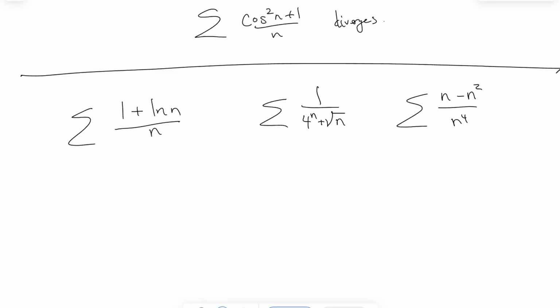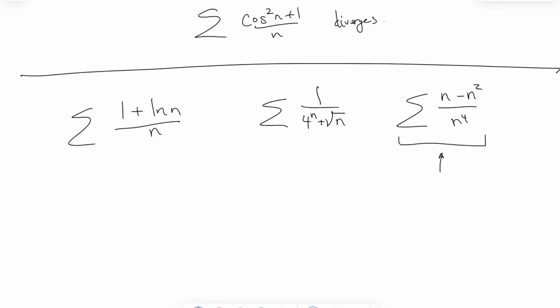The one that you cannot do, let's just get this out of the way. I said one of these you can't do with the comparison test. It is this one here. That's because you have to remember for all of these tests that they only apply in certain situations. The comparison test, I said at the very beginning, is only for use in series where all the terms are positive. And here, these terms are not all positive.